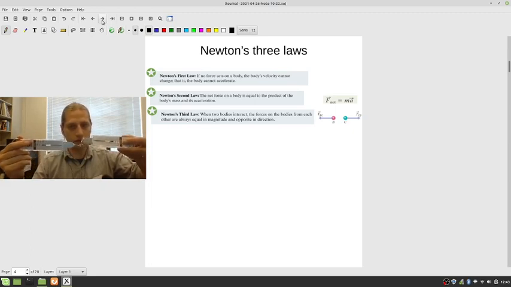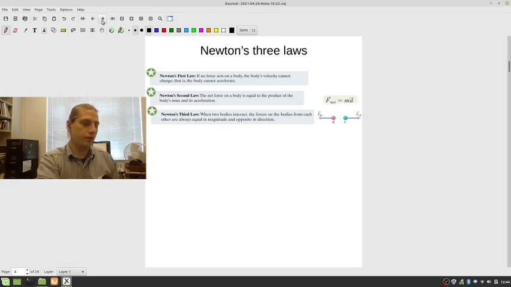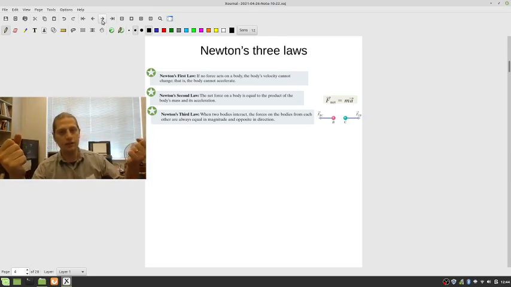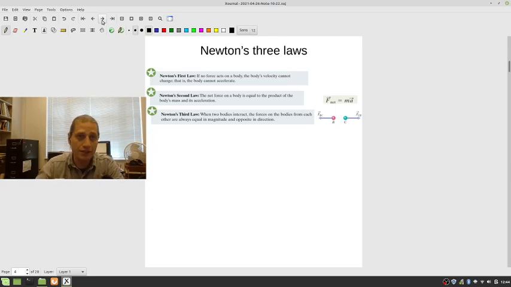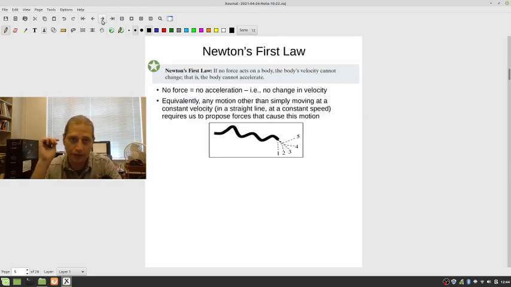The forces are the same. If A acts on B, B is going to act on A with the same force. But because different objects have different masses, that can still lead to different effects.